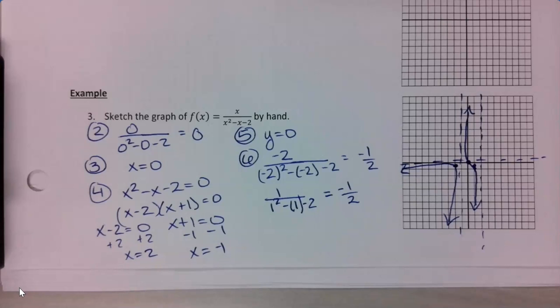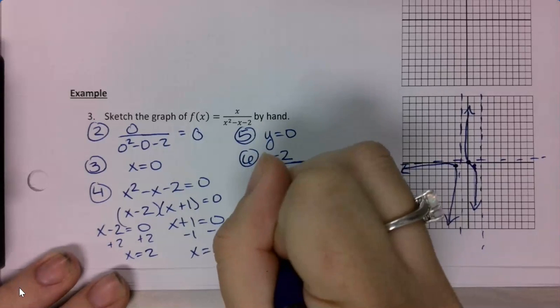Okay. Then I want to do one to the right of my rightmost asymptote, so larger than 2. What's a number larger than 2? 3, so I'm going to plug in 3.